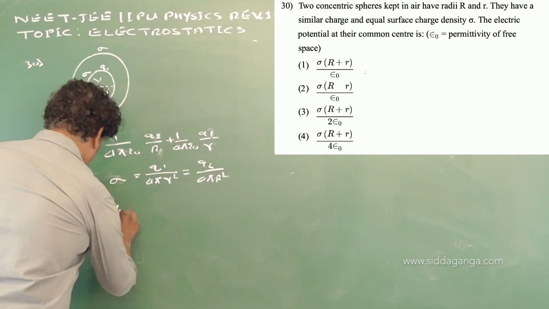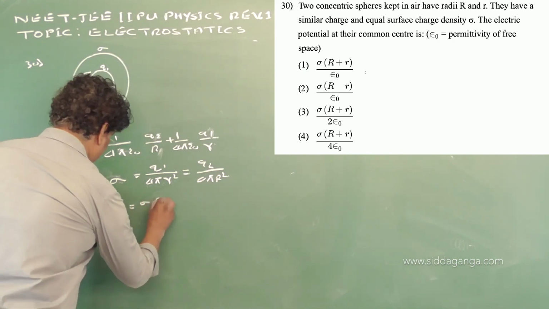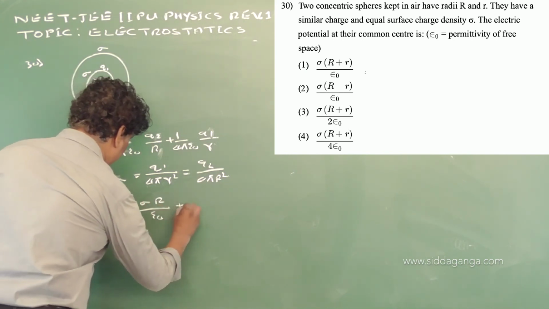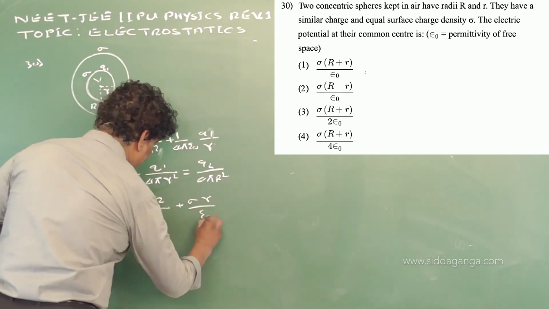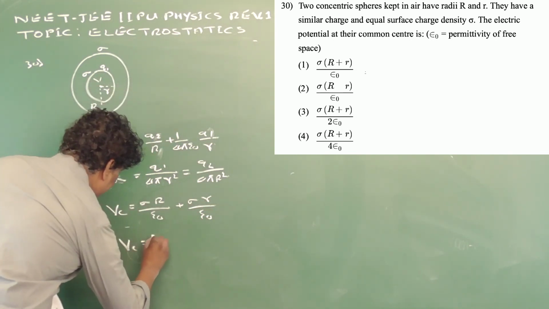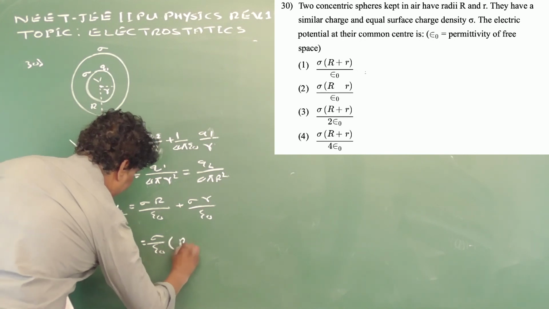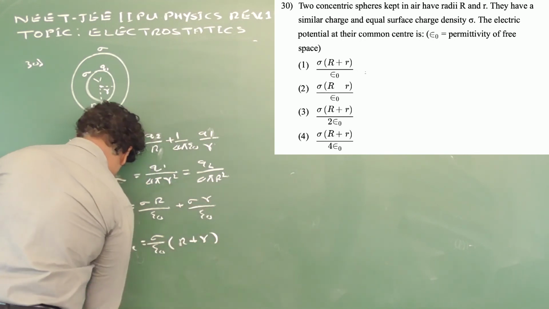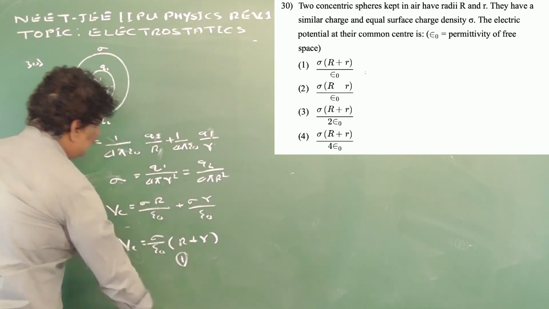Therefore, the potential at the center is sigma r by epsilon naught plus sigma R by epsilon naught, or Vc is equal to, taking sigma by epsilon naught constant, r plus R. Option 1 is the right answer.